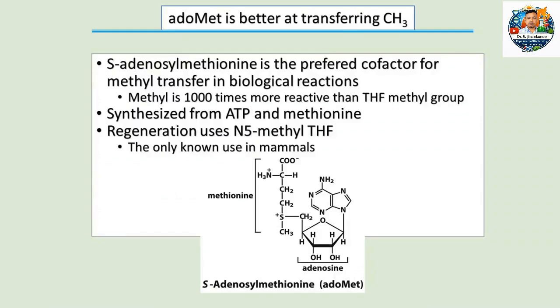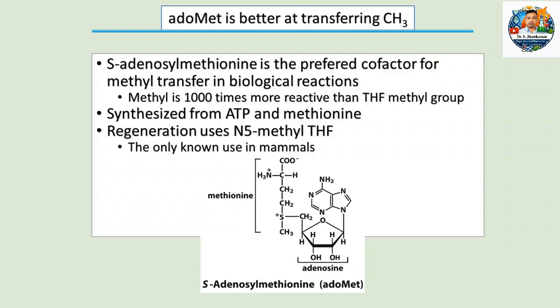When a reaction needs a methyl group, then S-adenosyl methionine is a better donor of methyl group. Although we have seen tetrahydrofolate can also carry a methyl group, S-adenosyl methionine is the preferred cofactor for methyl transfer in most of the biological reactions.